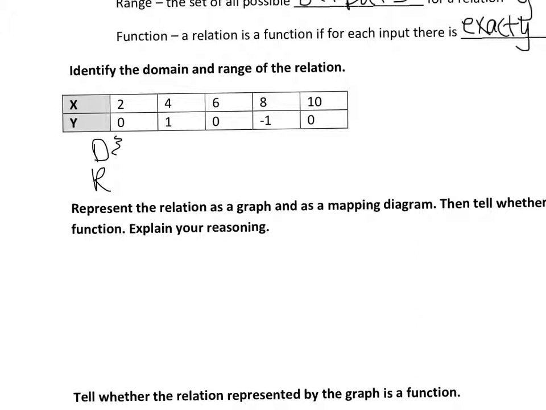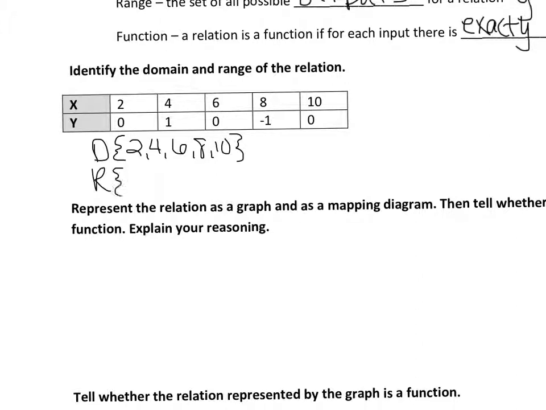We're going to use little brackets, and we're going to put all the members in the domain inside this set of brackets. Remember, my domain are all of the inputs, or all of the x values. So my domain consists of 2, 4, 6, 8, and 10.